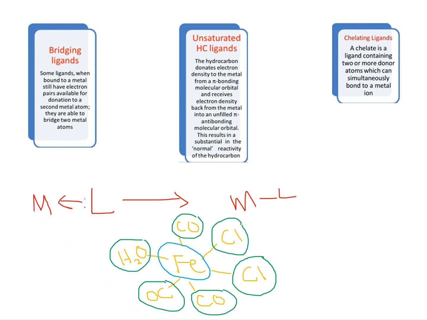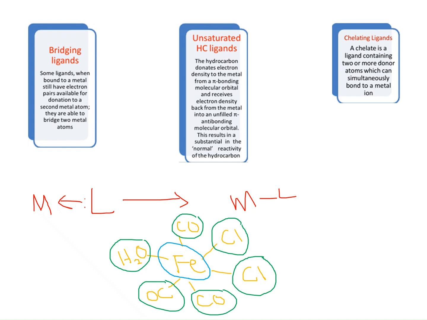Now, you see, in this example, iron is coordinated to carbon monoxide through carbon. Iron is coordinated to chlorine and water. When iron is coordinated to water, it coordinates through oxygen. All right? Okay.